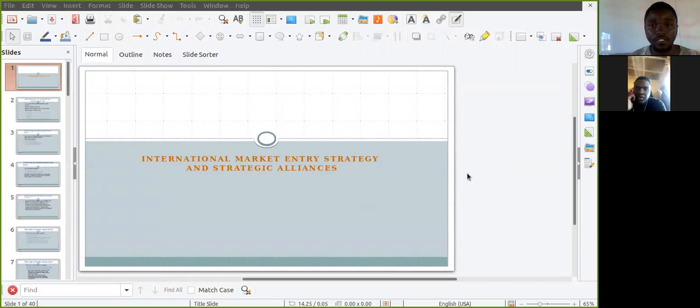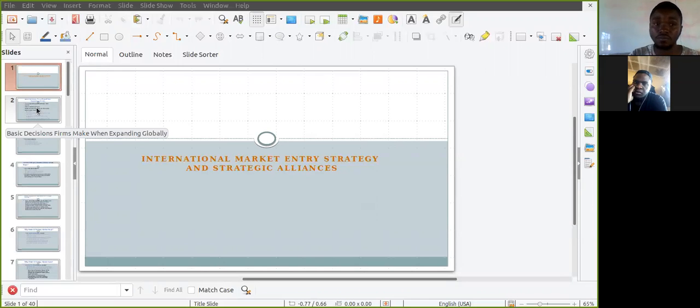You also look at the pricing techniques that you're going to use, because not every customer is going to be ready to buy a given product at the same price. Those are some of the things that you need to look at if you are making plans and strategies for international business.